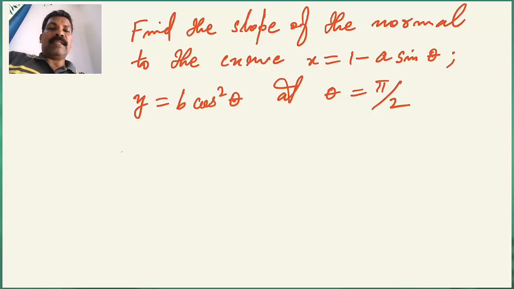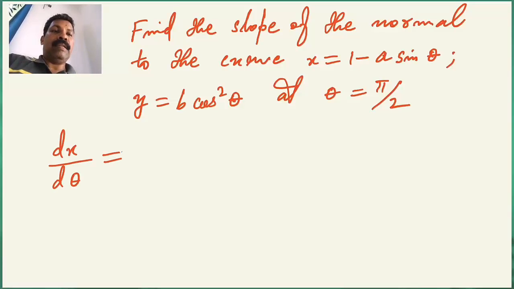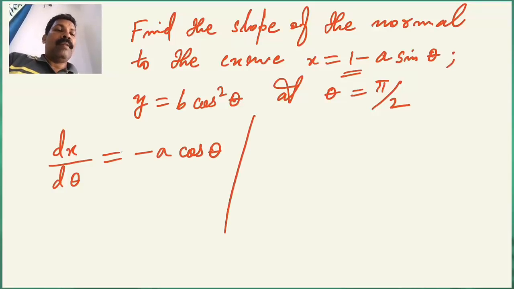So we have to find dx by d theta. What is it? The derivative of 1 is 0, then negative a as a constant itself, then the derivative of sin theta is cos theta. So we have dx by d theta equal to negative a cos theta. Then we have to find dy by d theta.